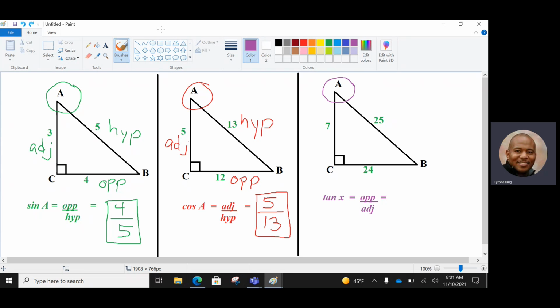I circle my reference angle, which is A. It should be the tangent of A. I label my sides: the hypotenuse, the opposite, and the adjacent. My opposite side equals 24, and the adjacent side equals 7. So my answer for this one would be 24 over 7.